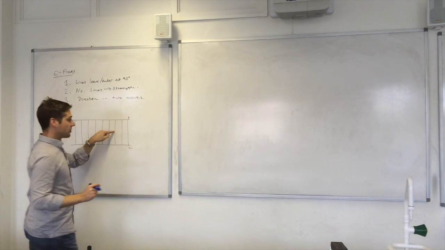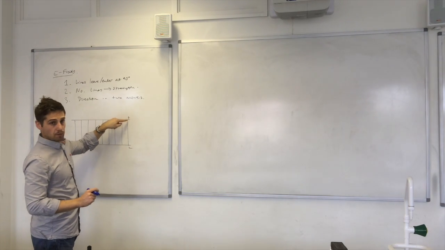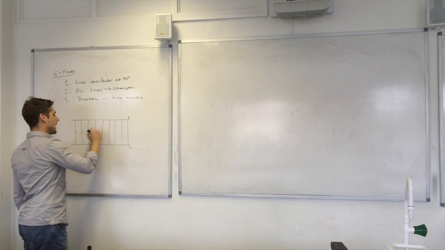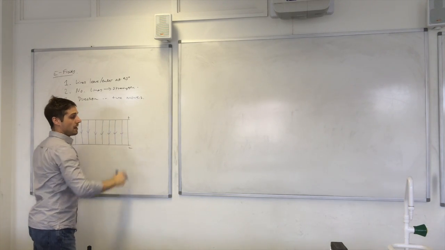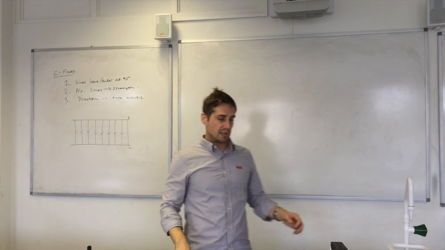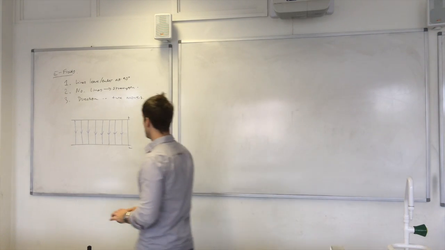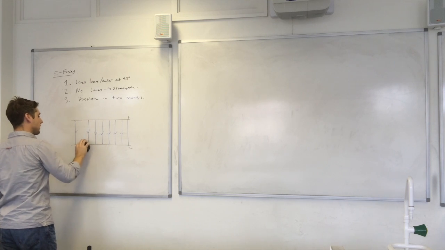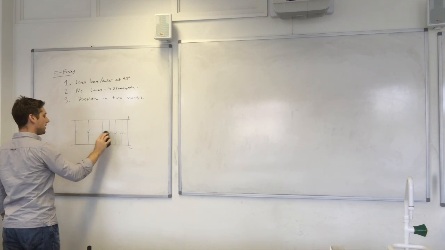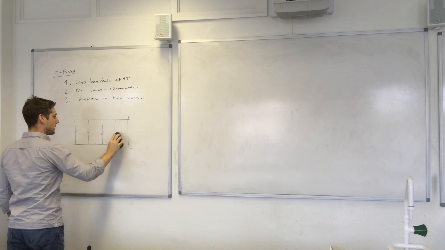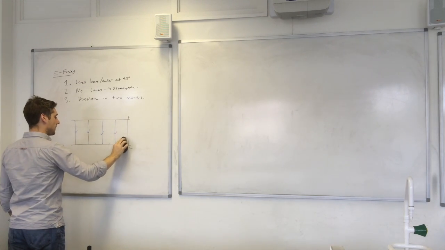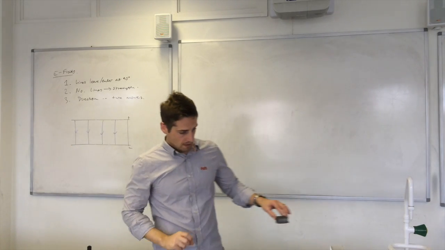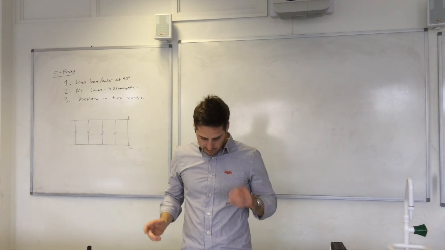If I put a positive charge here, it's going to be repelled by the positive plate, attracted towards the negative, so the arrow is going down. If I reduce the strength of the electric field, then I need to have fewer lines per unit area there. So just rub out some of these. So that's a weaker electric field now.